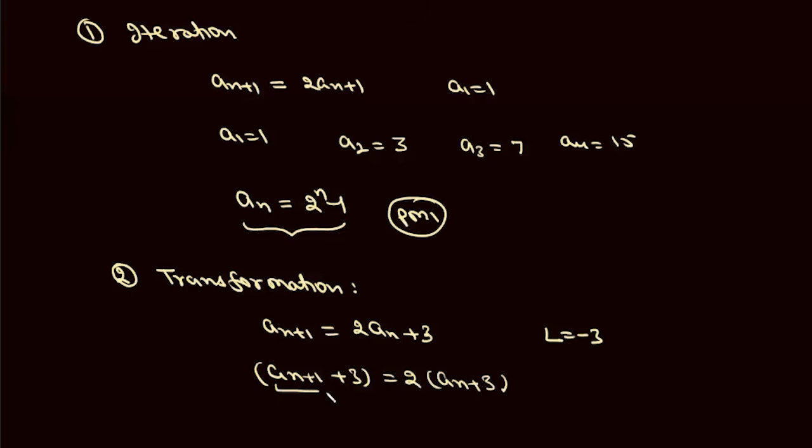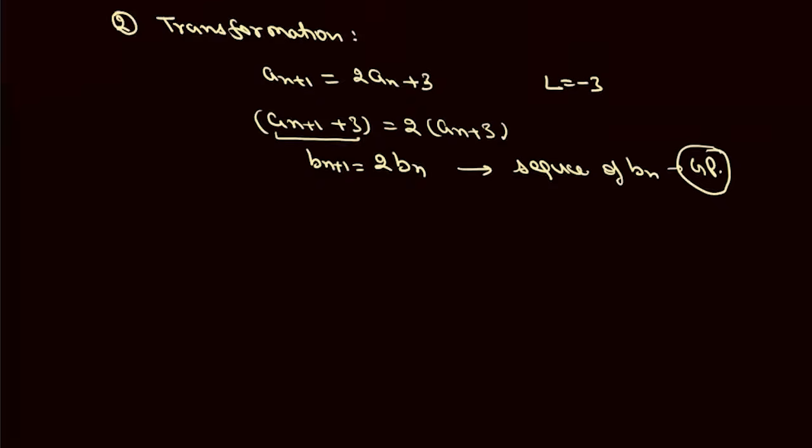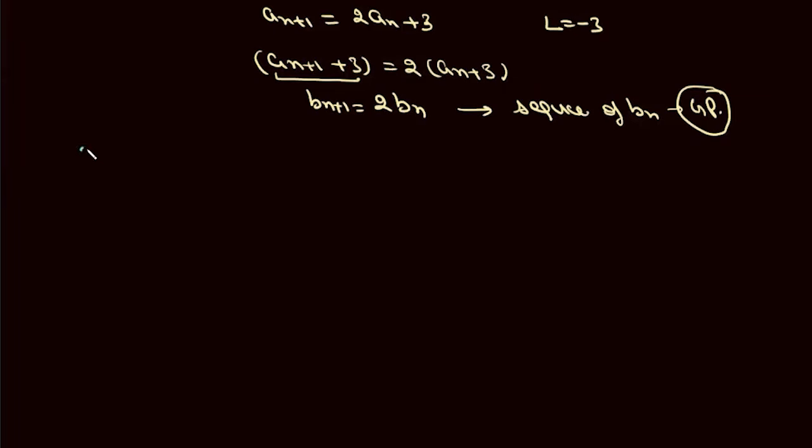So let us say this is some another sequence, b(n plus 1) is 2 times bn. So we can solve this sequence of bn, which is a GP, and then we can convert back bn to an. Third method is solving by summing differences.